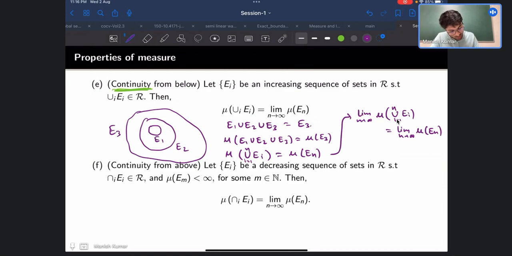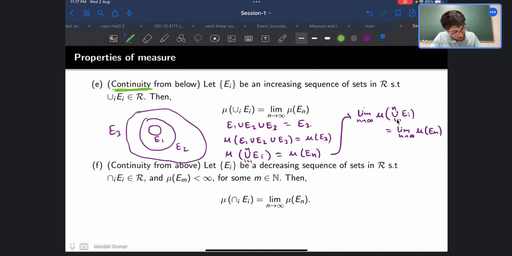Now what this is saying is that you can actually take this limit inside the mu function. The moment you take this inside, this is what continuity means. If mu is continuous, you can take the limit inside, and instead of n, it will be infinity.